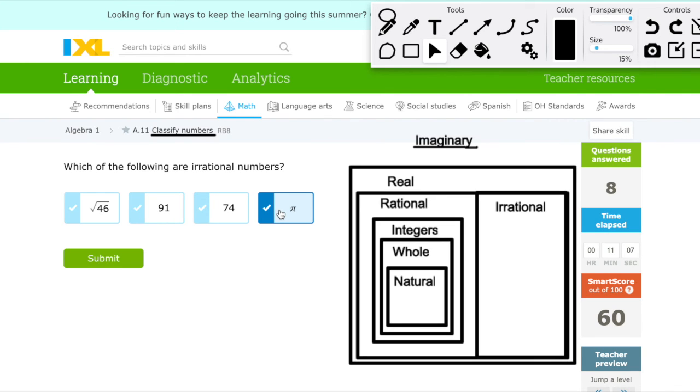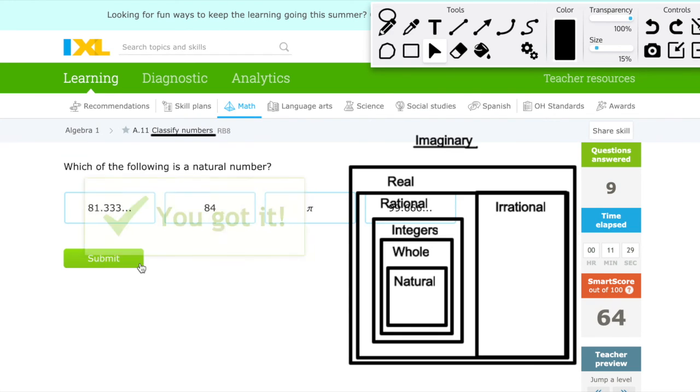So pi is our prime example. I would want to check the square root of 46. And when I type that in my calculator, I see that, well, I guess I don't see any pattern for this decimal number, so I'm going to assume that's irrational as well. These two could be written as fractions, so they would be rational. You got it. Awesome. Okay.